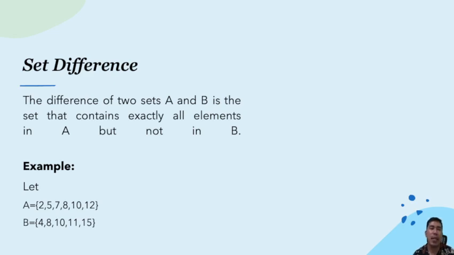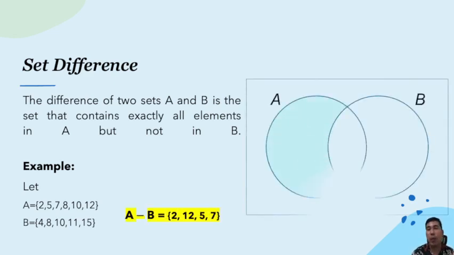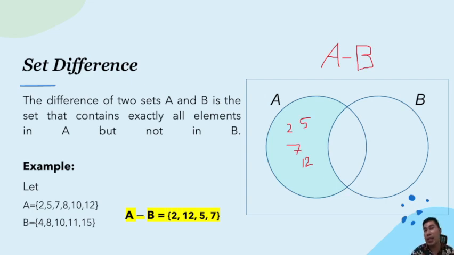This means the set contains exactly all the elements in A but not in B. Using the same sets A and B, if we get the difference of set A and set B, we come up with 2, 5, 7, and 12. The only elements that remain from set A are 2, 5, 7, and 12.